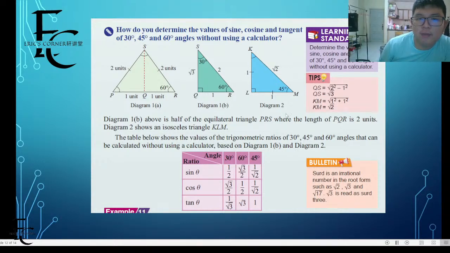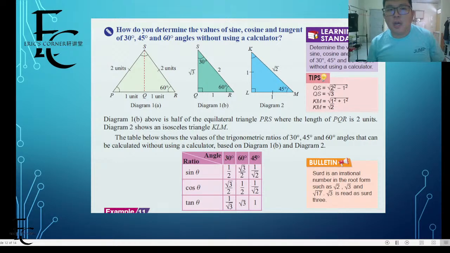Cos 45 is the same, adjacent over hypotenuse. Tangent 45, opposite over adjacent, will be 1. So we can use this method to calculate sine, cos, tangent of 30, 60, 45 degree without using a calculator.